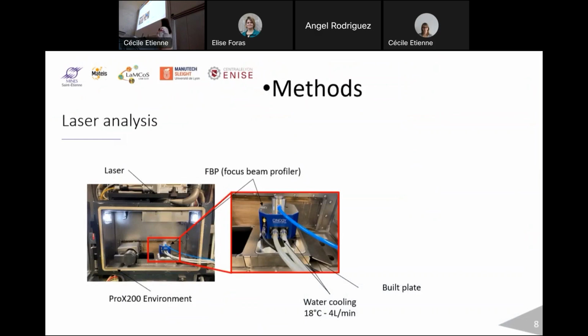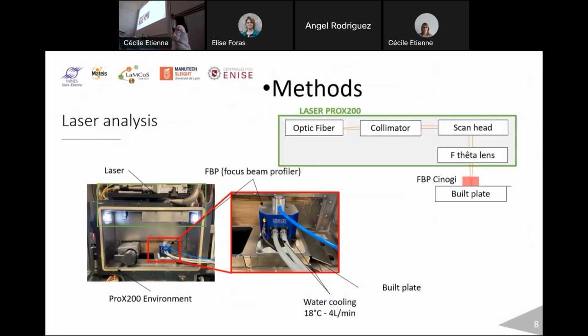Secondly, I made a laser analysis with a focus beam profiler from Synology. This is the environment of the ProX 200, and we put this little box just under the laser in order to have an image of the spots as a function of time. The laser of the machine is composed of the optical fiber, collimator, scan head, and F-theta lens.